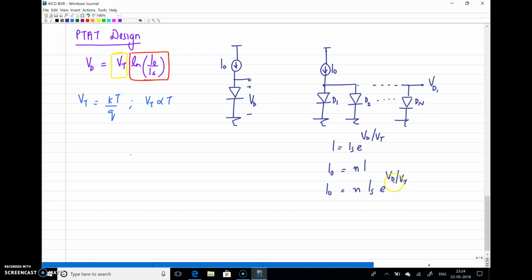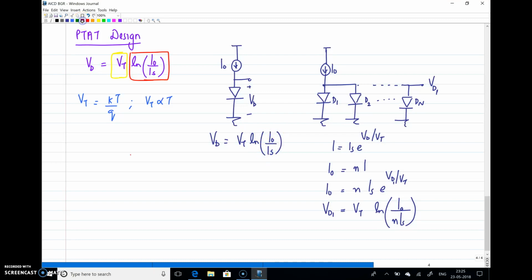Sorry, it is not Vd, it is Vd1, because I am marking this voltage as Vd1. From this, Vd1 is nothing but Vt into ln(I0/(n Is)). From the earlier circuit we have written Vd equal to Vt into ln(I0/Is).